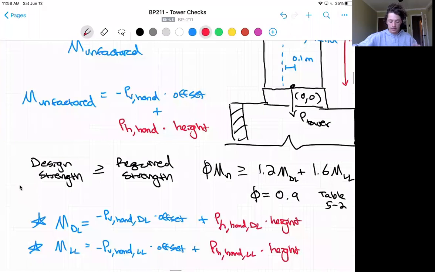So I note here, dead load and live load will be different based on the loading we use to calculate, all the way back in our cable analysis, that PH term.